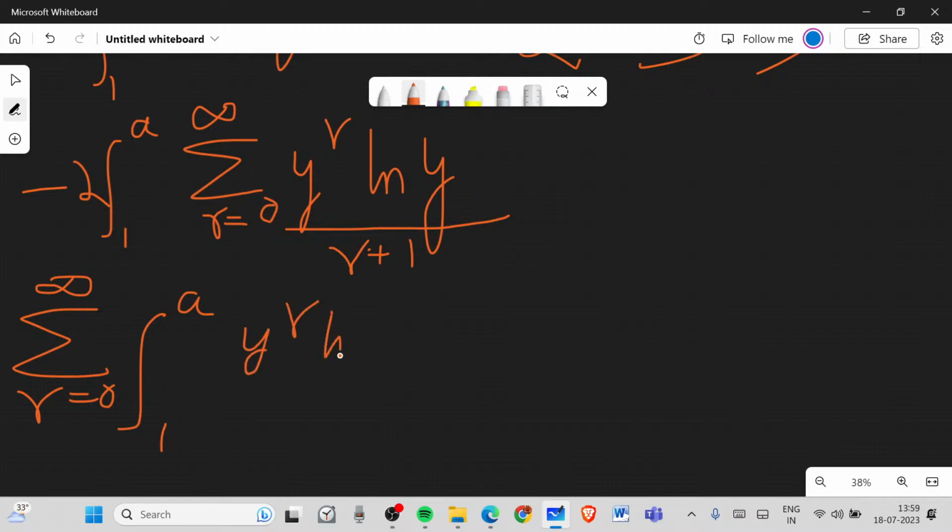You got it, I guess. Integral 1 to a of y to the r ln y by r plus 1. You can even put r plus 1 out, and this is the integral we have just solved.